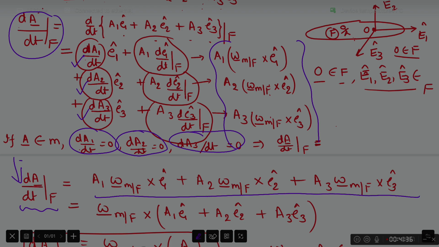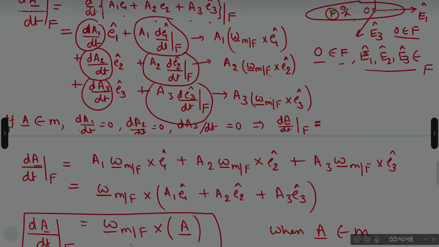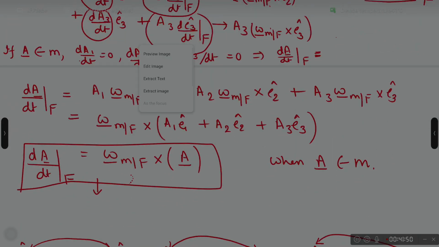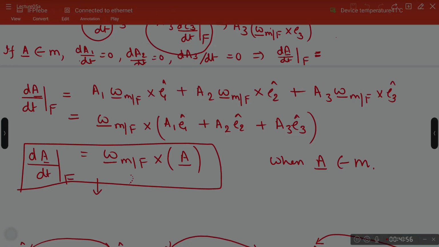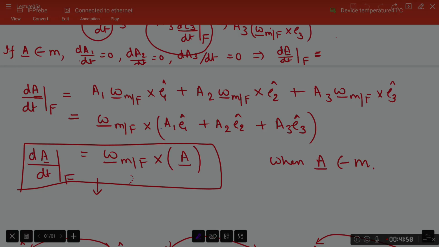And then I take out the omega MF cross part of this expression, and I let A1, A2 and A3 go inside the parenthesis such that I get back the A vector. I get back the A vector here.